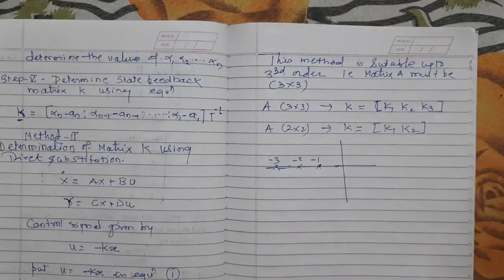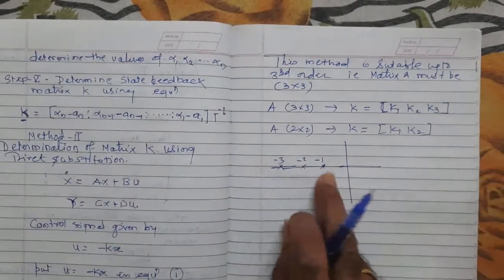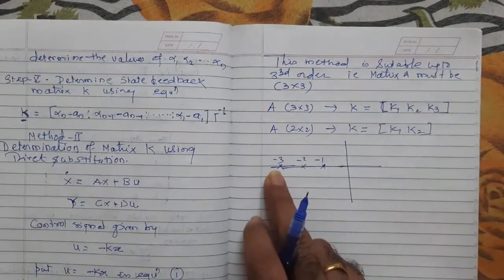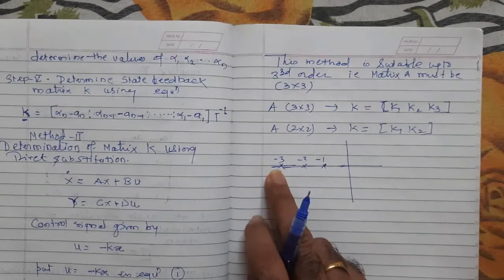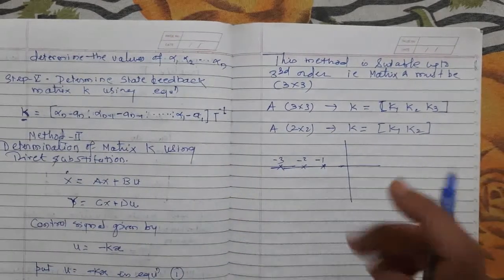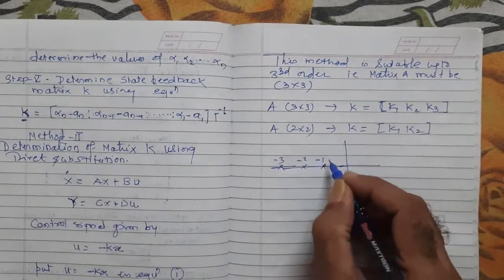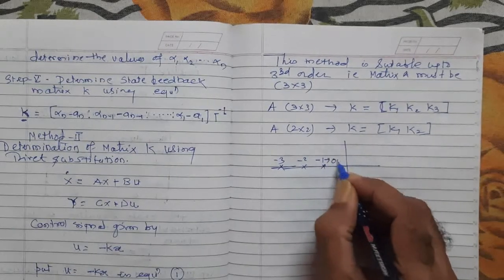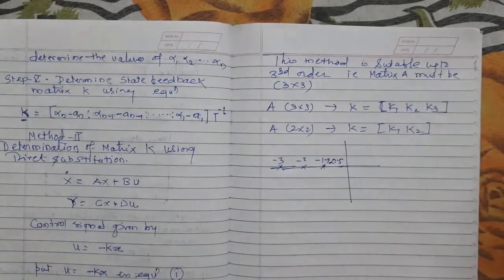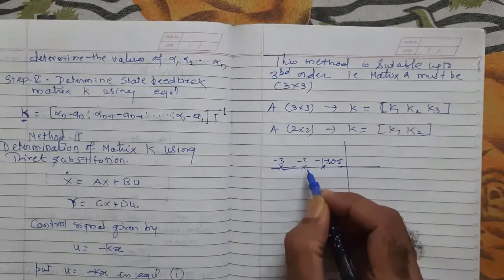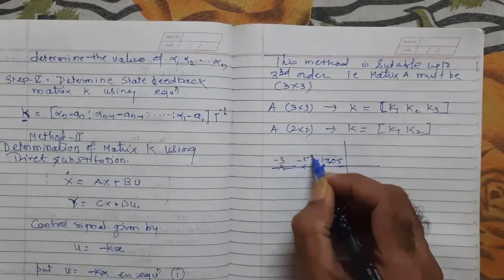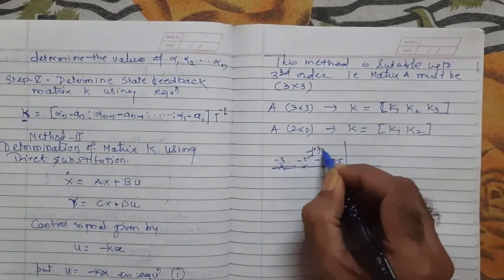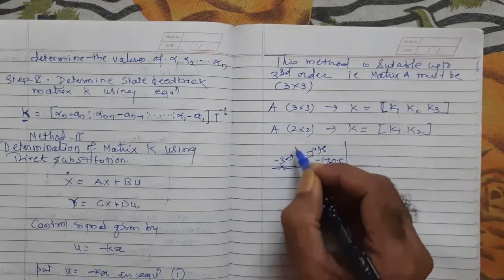Now I want to change this 1 to -0.5, this 2 becomes -1.75 and this 3 becomes -2.5.